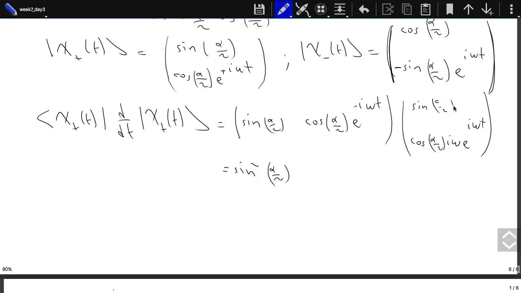No, sorry, this is 0. Its derivative is 0. So cosine squared alpha over 2 times I omega.